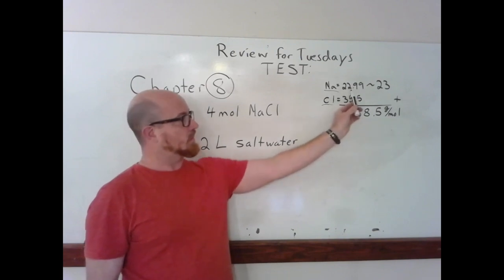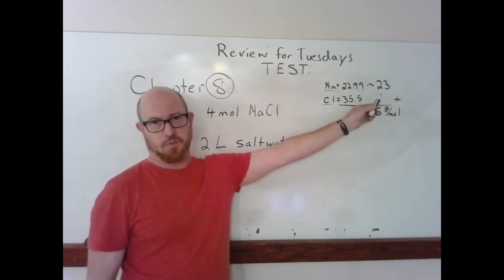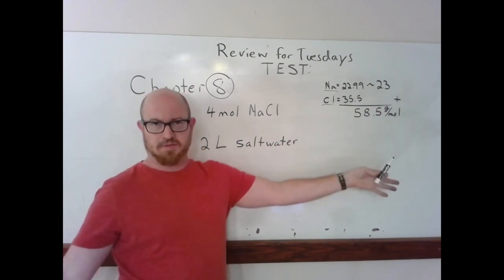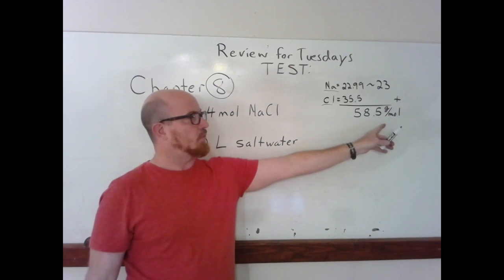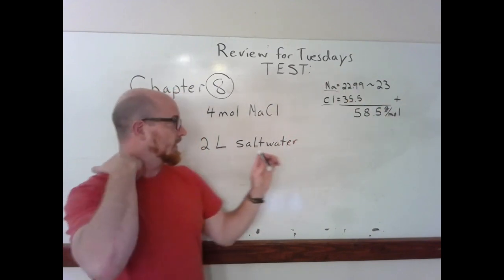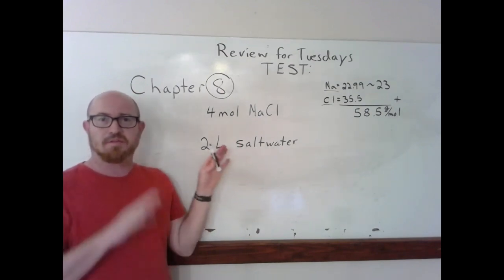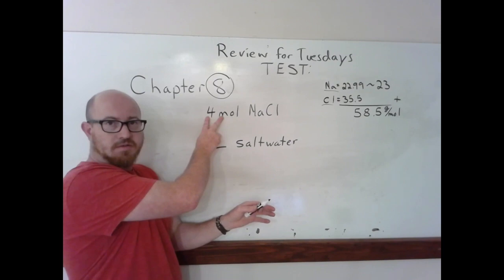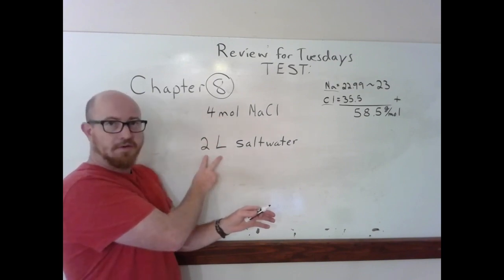So sodium is 22.99. I rounded it to 23 to make it easier. Chlorine is 35.5. I just left it at that. And we get to 58.5 grams per mole. But here's the cool thing. In this first example, the simplicity of this is that I give you moles and I give you liters.